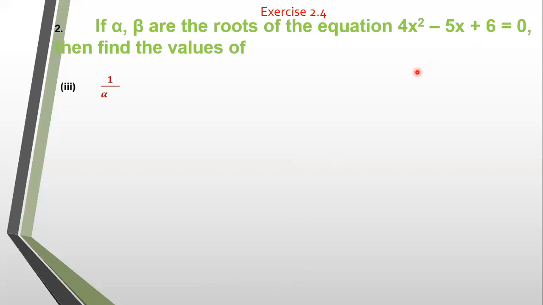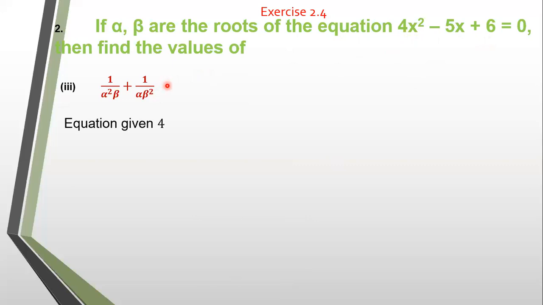And the third part is 1 over alpha square into beta plus 1 over alpha beta square. Before starting the part, we have to find the values of alpha plus beta and alpha into beta from this equation. Here a is equal to 4, b is equal to minus 5 and c is equal to 6. Then we will move to part number 3.